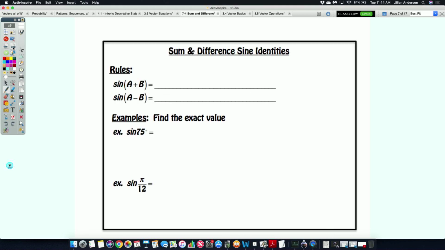So the rule says that when you have sine of a plus b, a and b could either be variables or they could actually be angles on your unit circle. But the formula is sine a cosine b plus cosine a sine b.